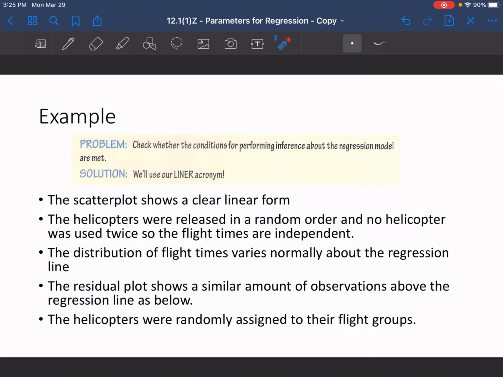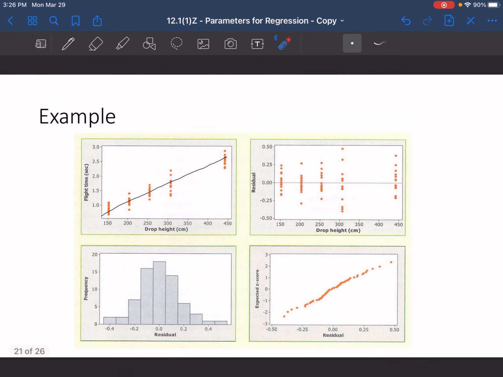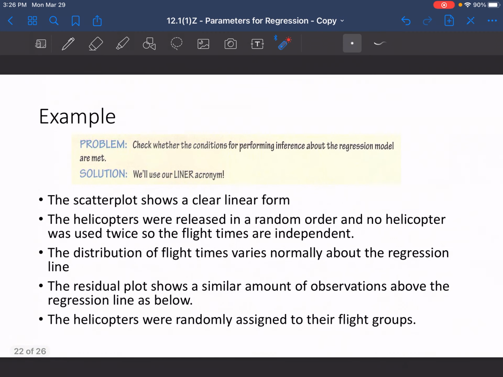This is what you could say: the distribution of flight times varies normally about the regression line. I might even go further and include that when we're looking at our histogram right here, it kind of takes a normal shape of some kind. So that really honestly checks off our test for normal in this case.